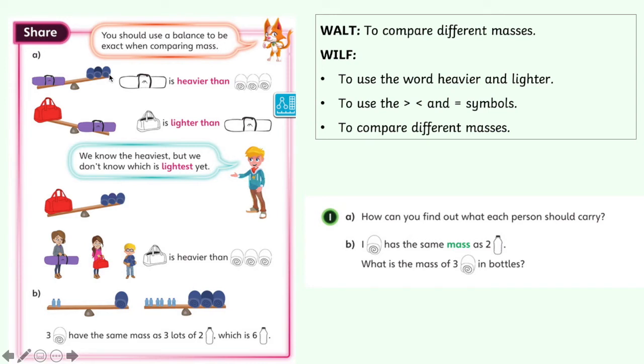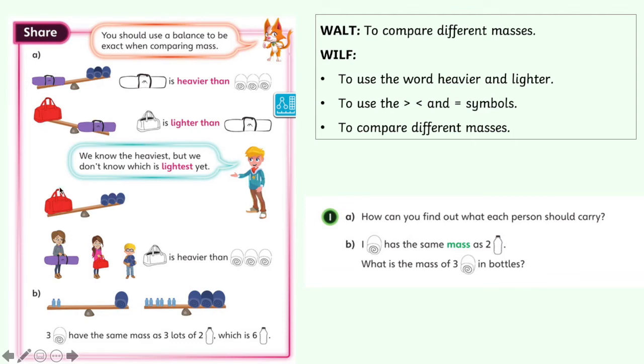We can see by putting a plank over this rock which side is heavier. And if you had gone and done this and you had these things in real life, you would have worked out that the tent was heavier than the sleeping bags because look, it pushed this side of the balance to the ground. You'd have worked out that the red bag was lighter than the tent.